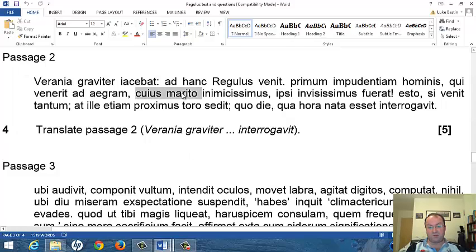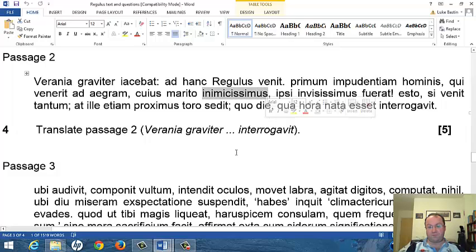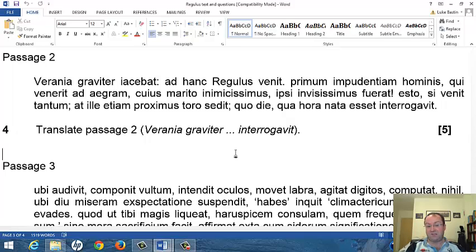So to whose husband, fuerat, he had been most hostile. Okay, if you're inimicus, it means you're an enemy. So inimicissimus is the adjective from that, and it's superlative, issimus, so most hostile.